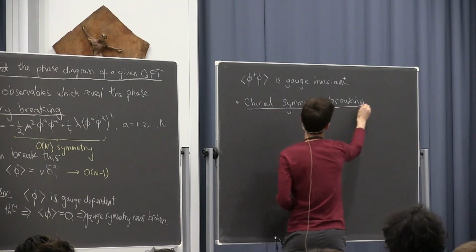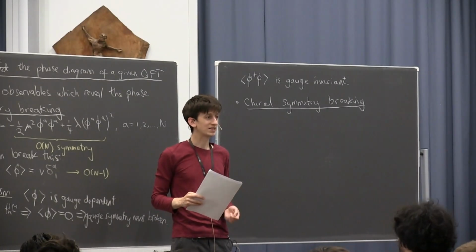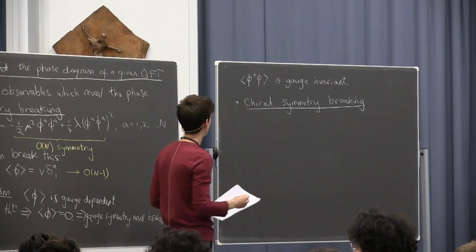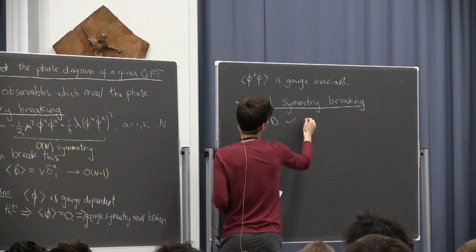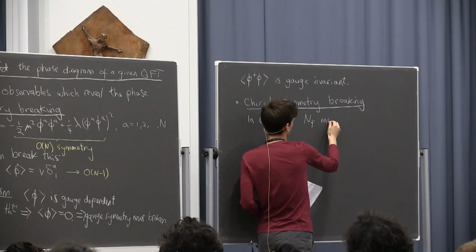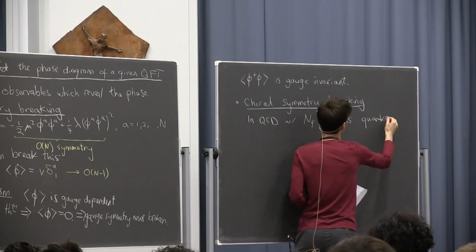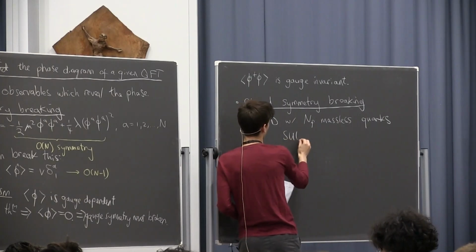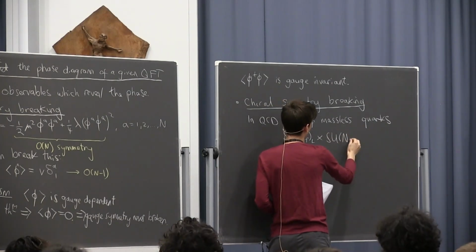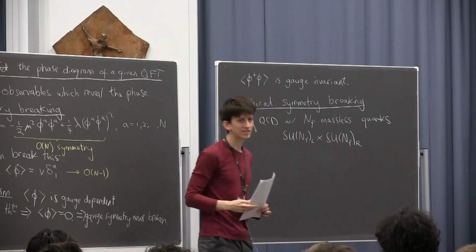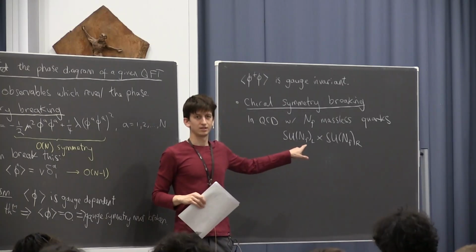Another example, chiral symmetry breaking. We can break symmetries that are related to space-time symmetries, in some sense. So in QCD, with N_F massless quarks, there's a symmetry which is SU(N_F) left times SU(N_F) right. That is, you can rotate the left-handed quarks and the right-handed quarks independently under this flavor symmetry group.